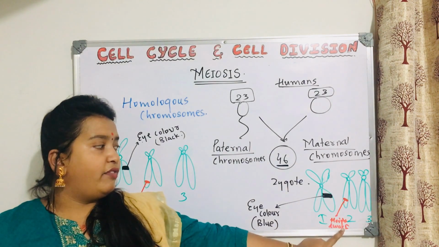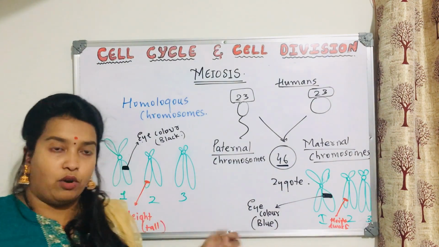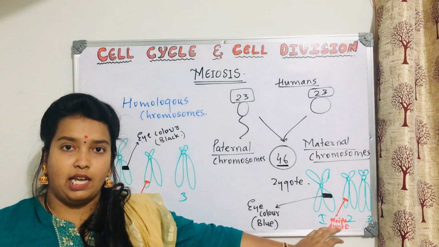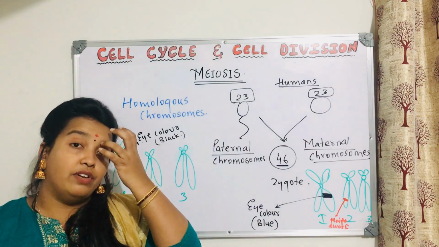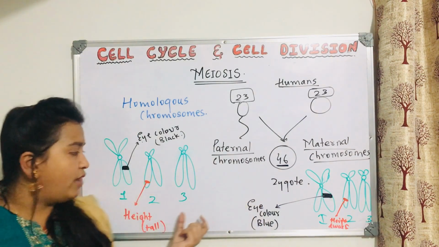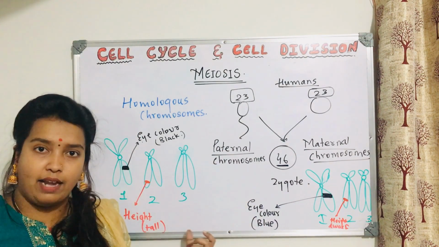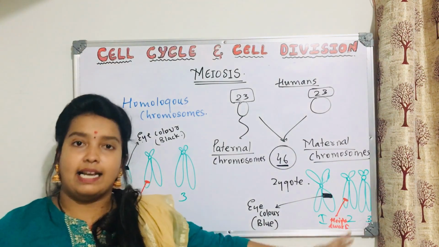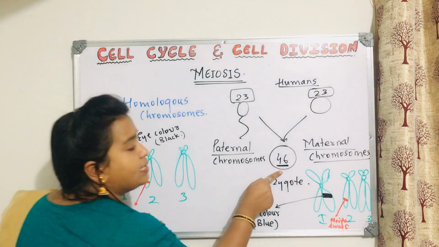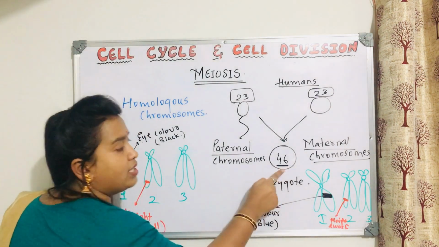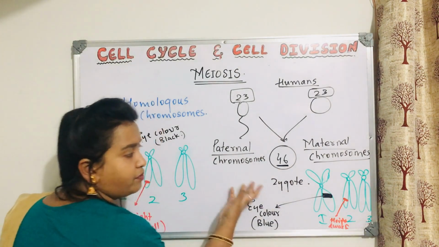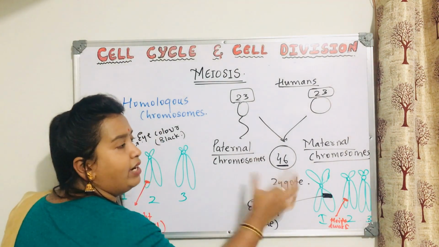If it is female, the eggs usually have double X. Father will have X and Y, the last pair being X and Y. Here it will be X and X. If this zygote has X and X, it leads to female. X and Y will lead to male.